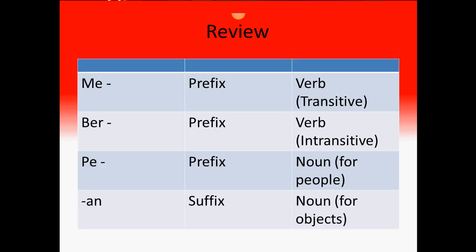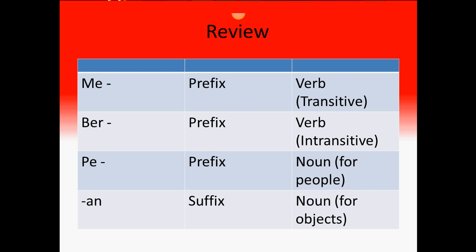Now just to recap what we've explained in this video. Me is a prefix, it goes on the front. It makes things verbs, which are transitive, and that means it requires a noun after it to make sense. Ber is a prefix, and it's a verb, but it's intransitive this time, which means it doesn't need a noun after it to make sense.